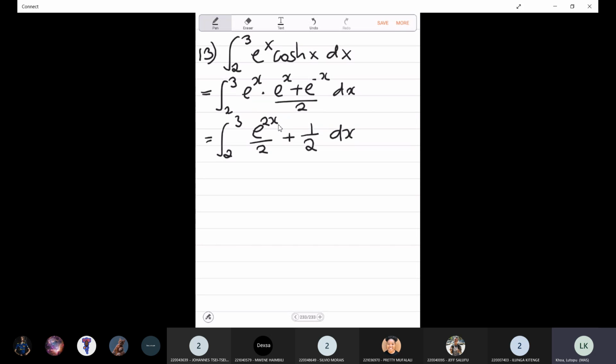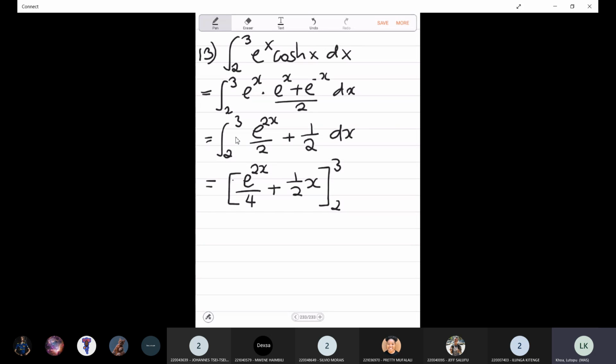The derivative of 2x is 2, so I need a 2 here and then a half outside, or just integrate. It's not that difficult. Okay, so here we will have e to the power of 2x divided by 4. And the integral of a half is a half x. And then we have to evaluate from 2 to 3.